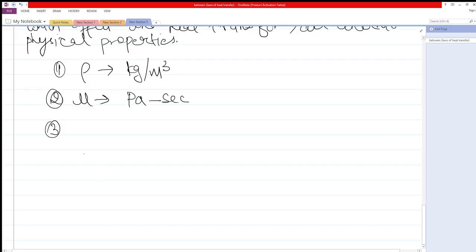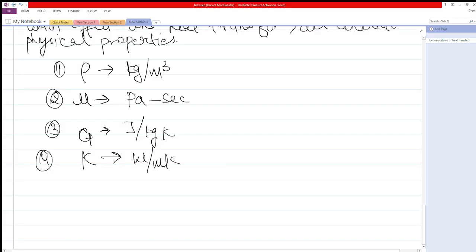Third is the constant pressure specific heat of the fluid, its unit is joule per kg Kelvin. And fourth one is thermal conductivity k, watt per meter Kelvin. k may be the thermal conductivity of the fluid or of the surrounding solid surface, depending upon the case. These are the four thermophysical properties.